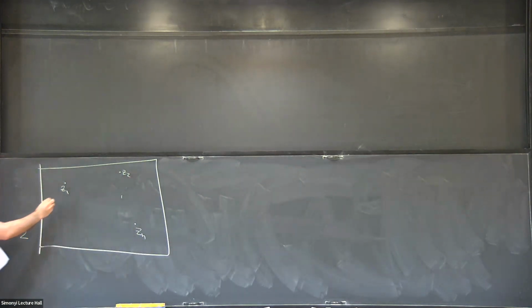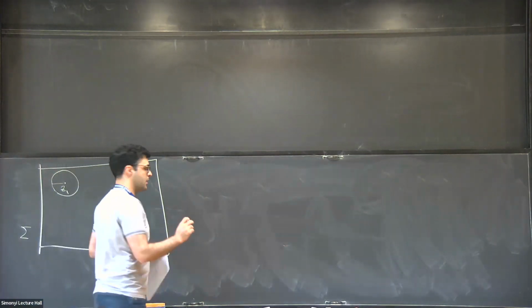So we want to perturb these z_i's inside the exponentially small neighborhood of z1. So that's where we're going to use that sigma is strictly bigger than 1.